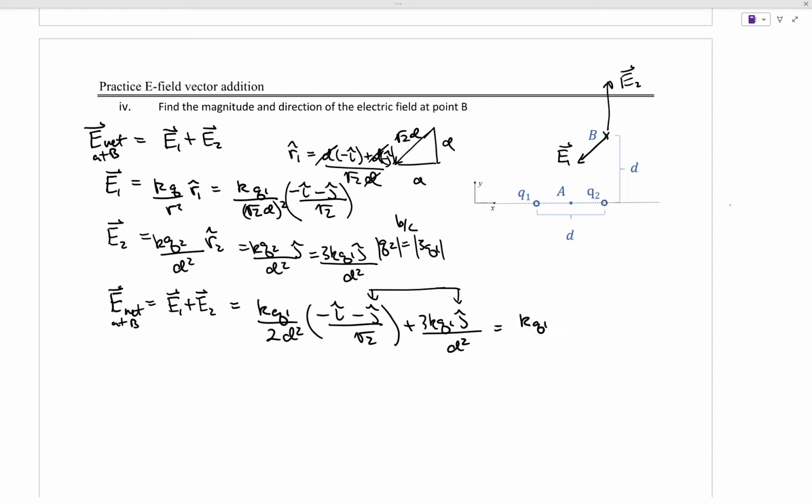So you'd have K Q1 over D squared times negative I hat over 2 root 2 plus, let's see, 3 J hat and then minus J hat over 2 root 2. So that's about as compact as you would be able to write E net.